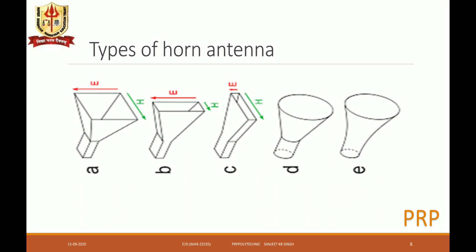A is the pyramidal type, B and C are sectorial type, D is conical type, and E is the exponential type. Out of these, the exponential type is more efficient as there is a smooth, gradual change of dimension, whereas in A to D there is an abrupt change from rectangular to flaring or conical portion.